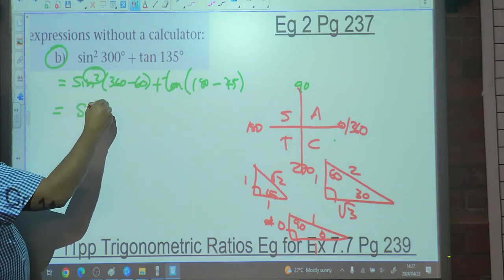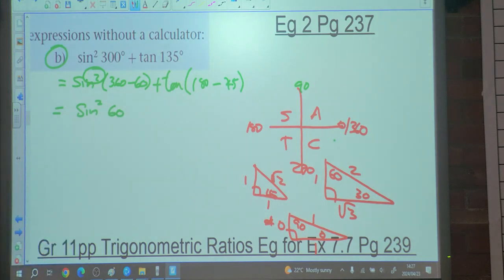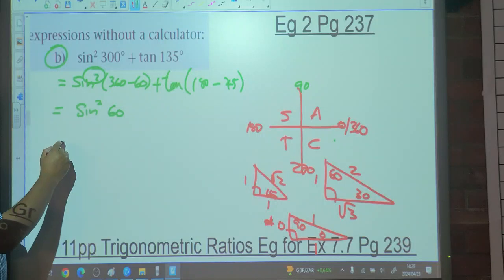So it's sine squared 60. What does that square actually mean?